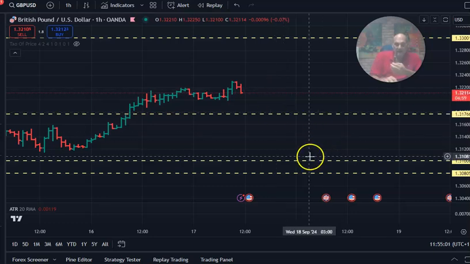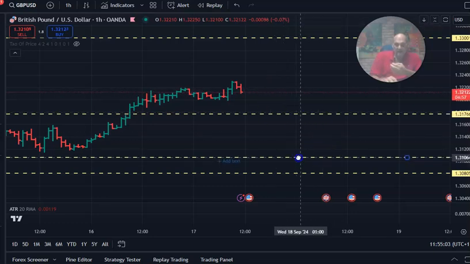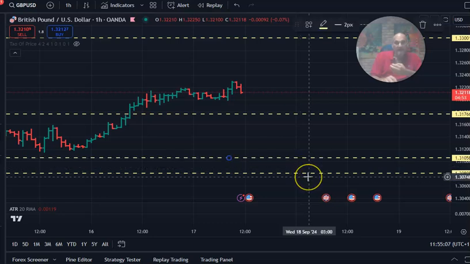Let's just move this up here, 131.05 right there. If it breaks that, something's happened that's shifting this back down into those lower levels that we talked about previously, which is the 130.80 and then 130.50 and then the 129.95 main support.